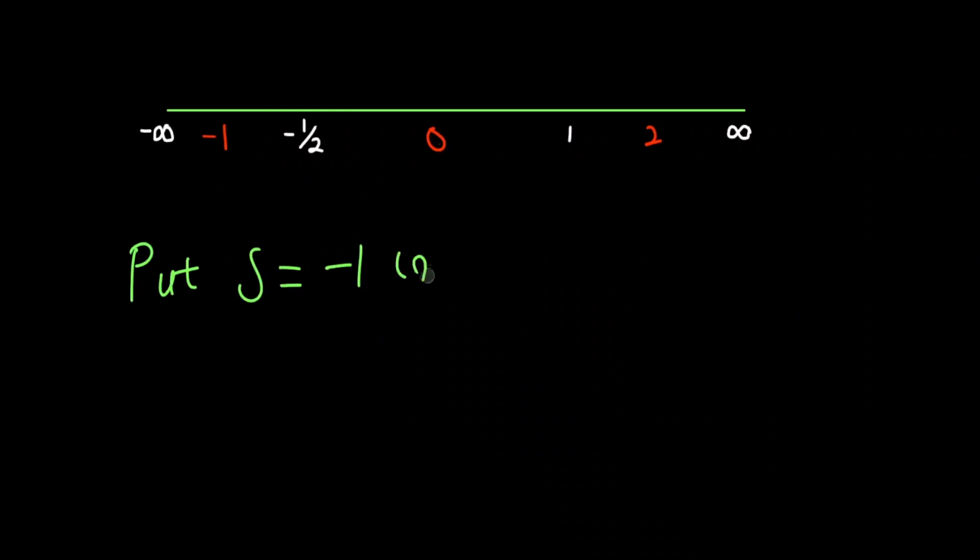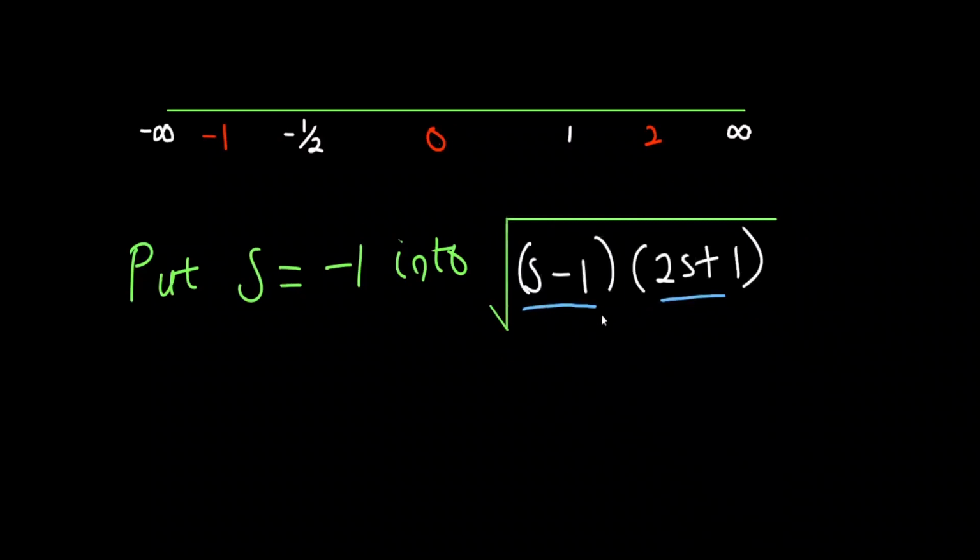Into our f of x, and of course, as we can remember, our f of x yields square root of (s minus 1) times (2s plus 1).